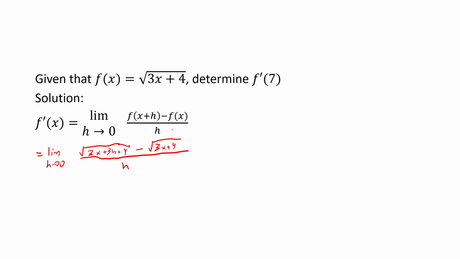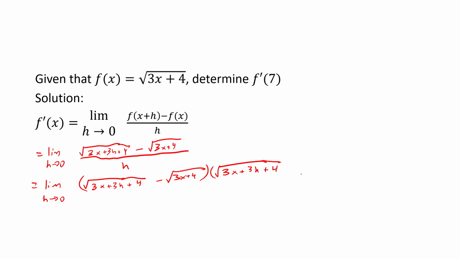My limits work told me that I should multiply numerator and denominator by the conjugate of the numerator there. So I'm going to have the square root of 3x plus 3h plus 4 minus the square root of 3x plus 4 times the same two square roots, but with a plus sign in between.